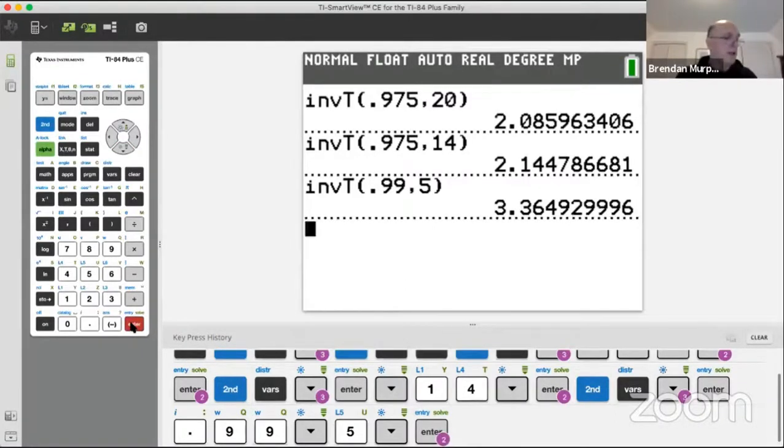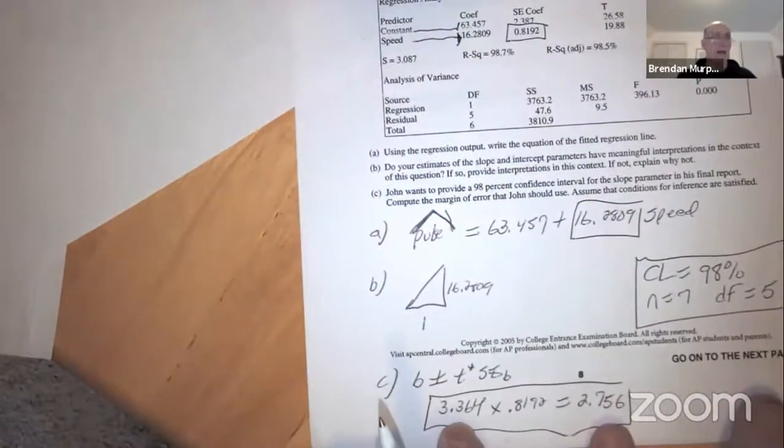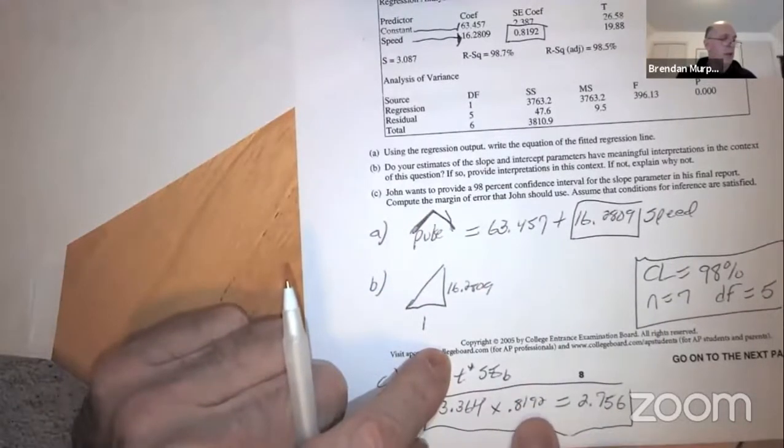So that's my critical t-value, 3.364. And you'll see down the bottom here, I multiplied the 3.364, that's my critical t-value, times my standard error of slope, 0.1892. My margin of error is 2.756.